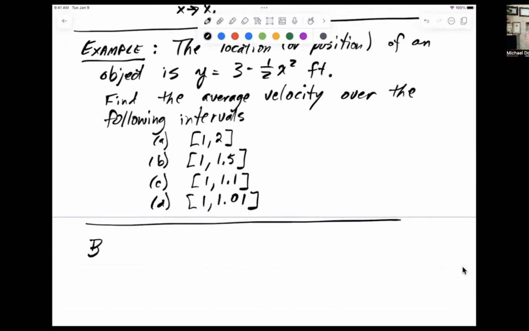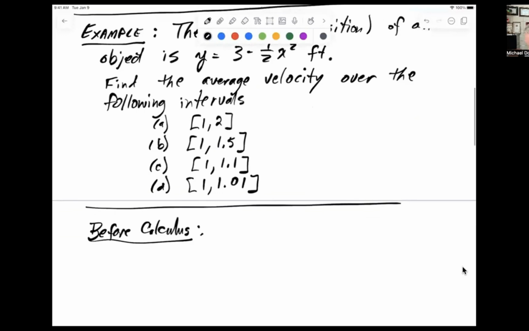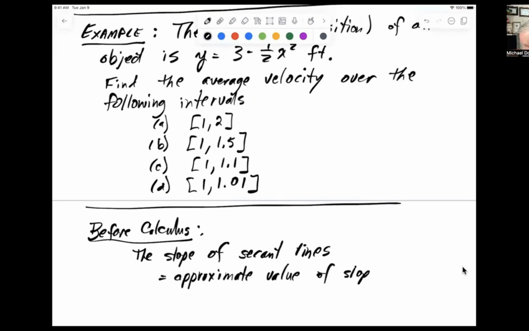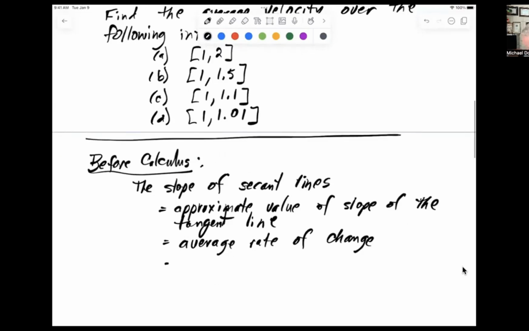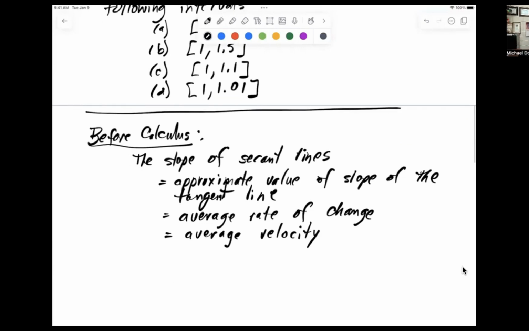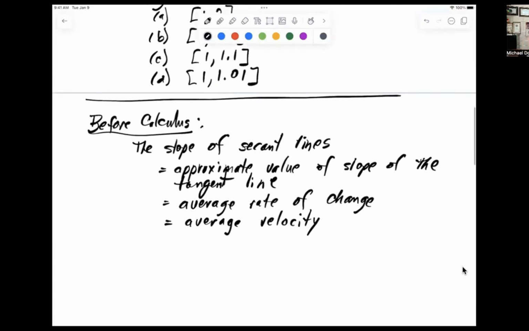Before calculus, the slope of the secant lines is an approximate value of the slope of the tangent line. This is also known as the average rate of change or average velocity. And again, what is that secant line? Maybe I didn't say that before, so let me talk about that.